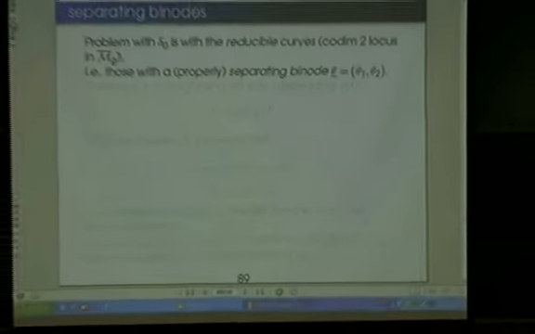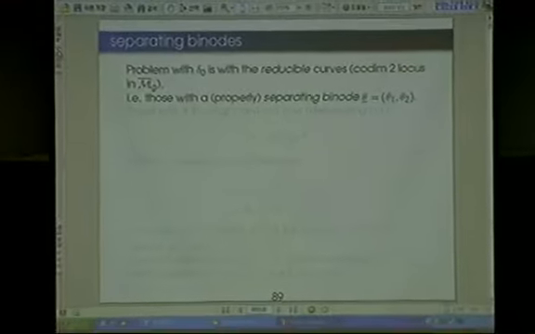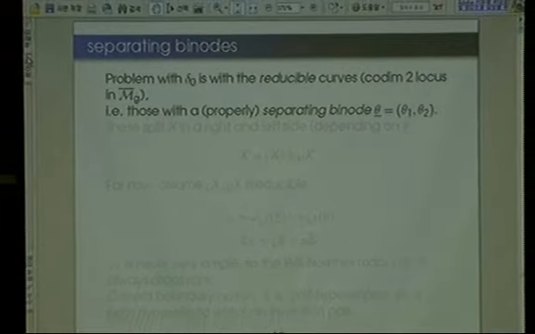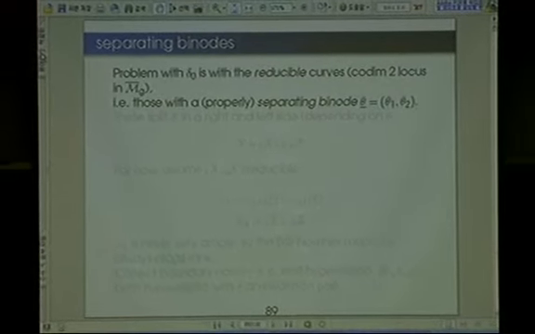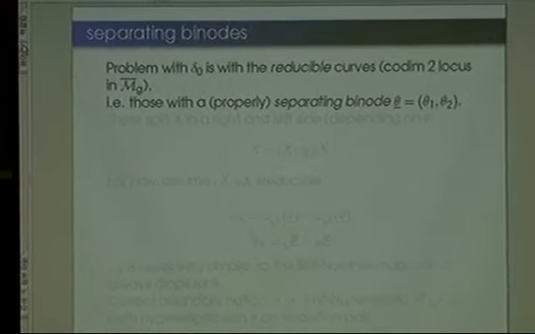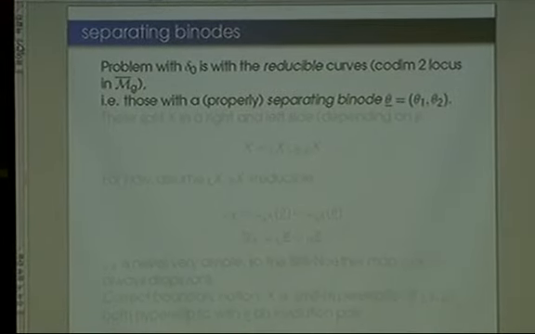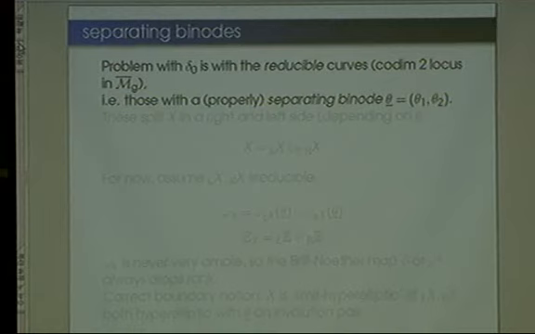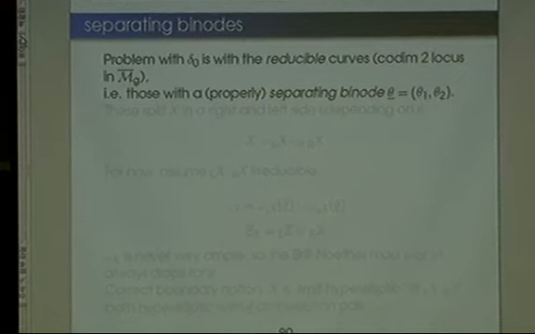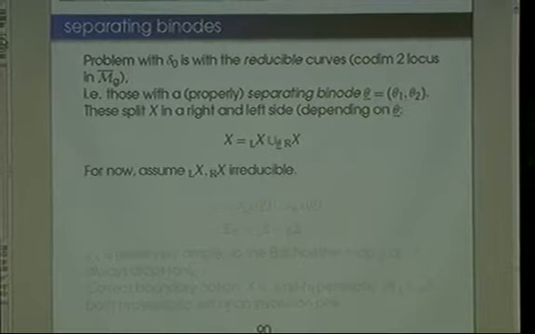And that's in delta zero. It's in the closure of the irreducible nodal curves, but it's not in delta plus or anything like that. These kinds of curves are the essence of the extra difficulty with delta zero.